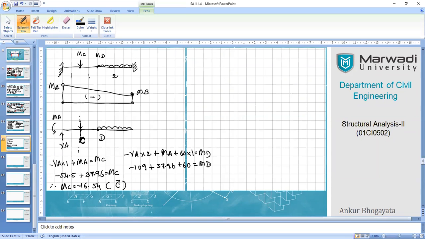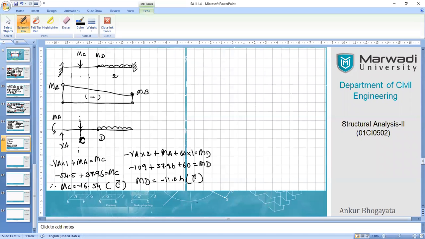So 60 plus 37.96, that is 97.96 positive minus 109, so that is negative 11. So MD is minus 11.04, that is also going to be clockwise.